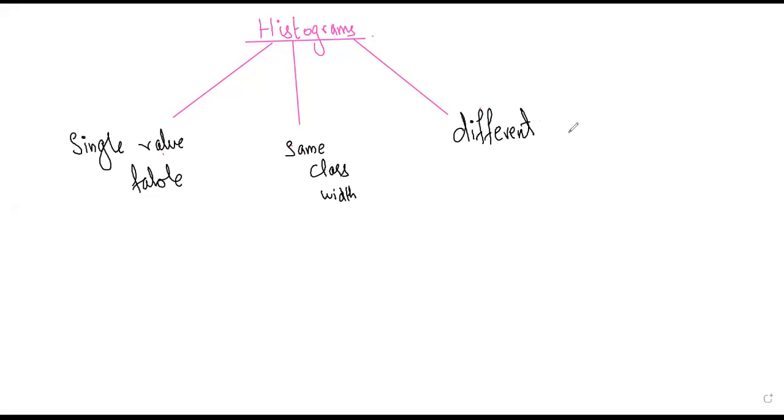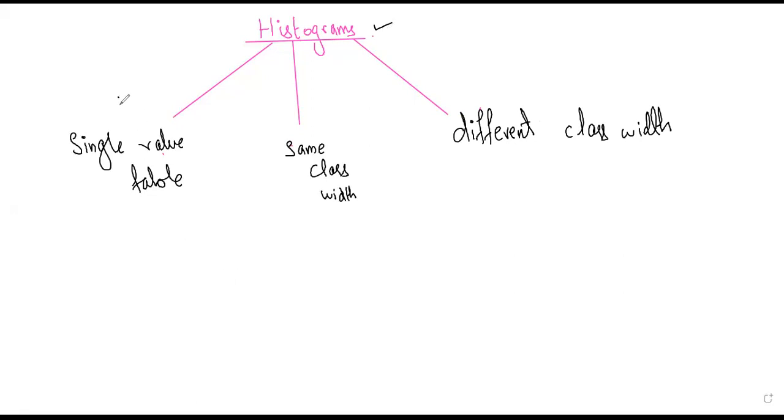And here we have different class widths. Okay. So histograms are basically a type of graph. I'll tell you how to make it. We'll make these graphs against the data entries we have, but we have three different cases. So our histogram would vary from case to case.